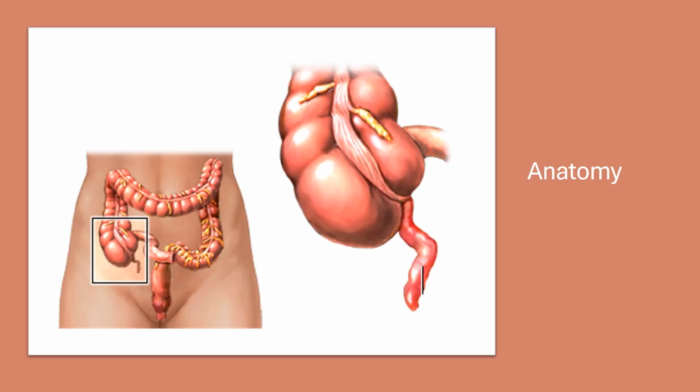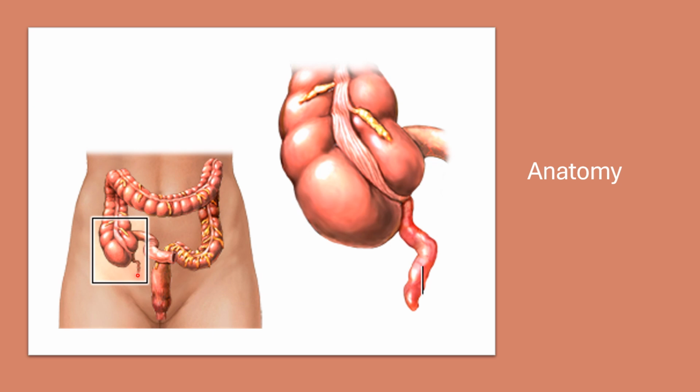So as you see here in this image, the location of the appendix is at the end of the cecum, which is located here. And this is the zoom in, where the appendix has inflammation in it.